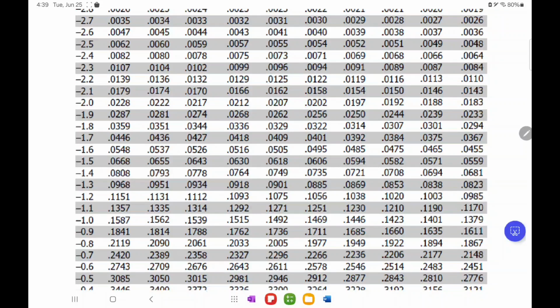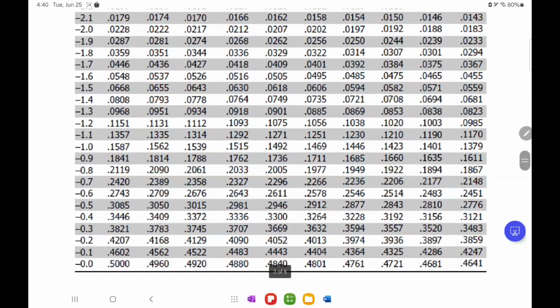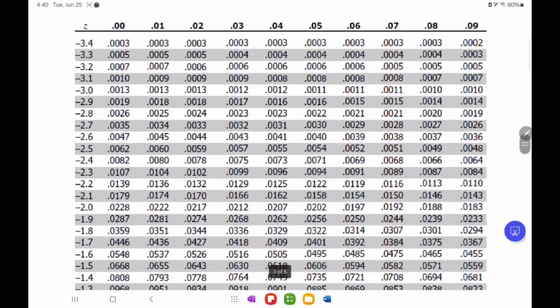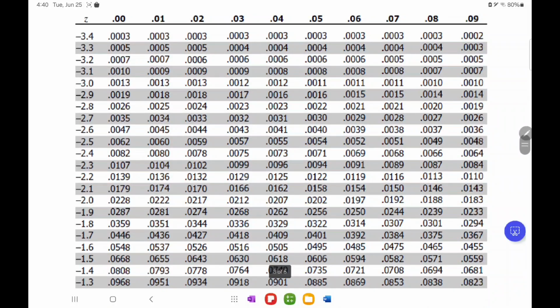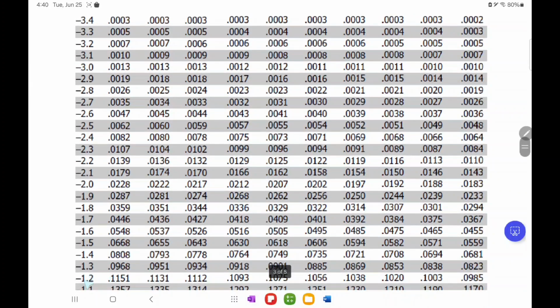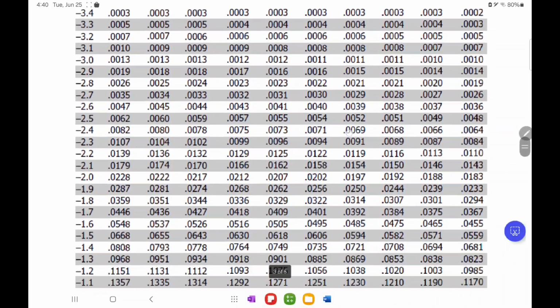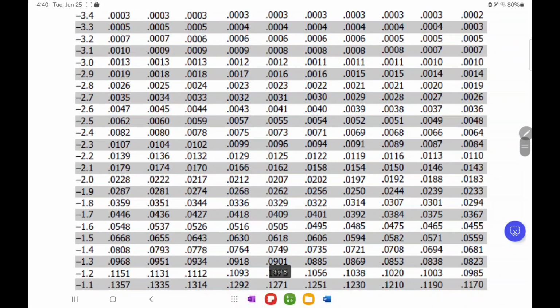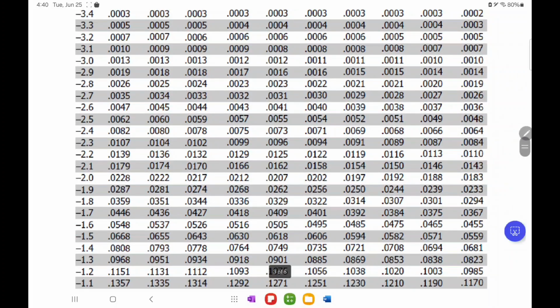Let me see if I can pull up the pens. Just a second. Okay, I'll let it go. Negative 1.22. So negative 1.2 is here, and negative 1.22 is this value here, this negative 0.1112.